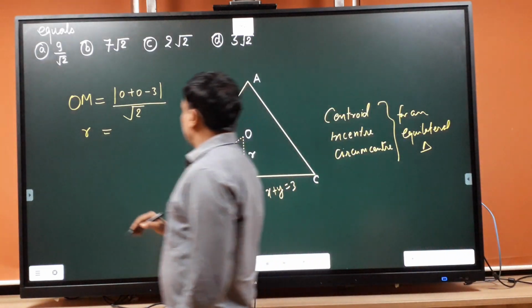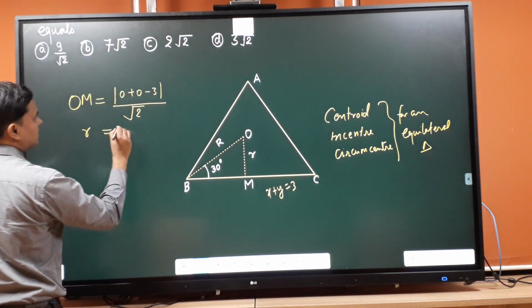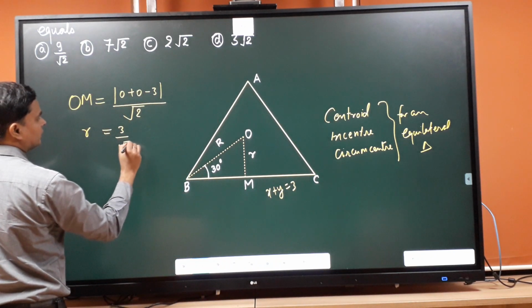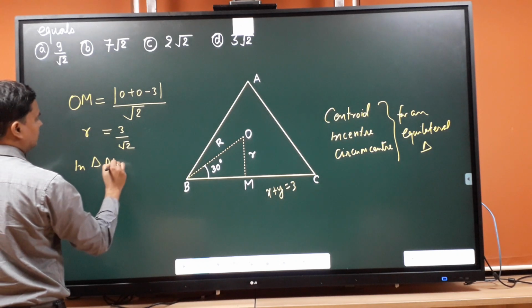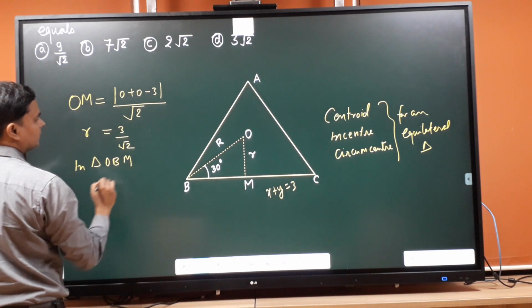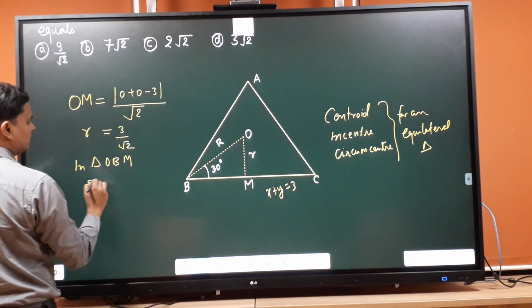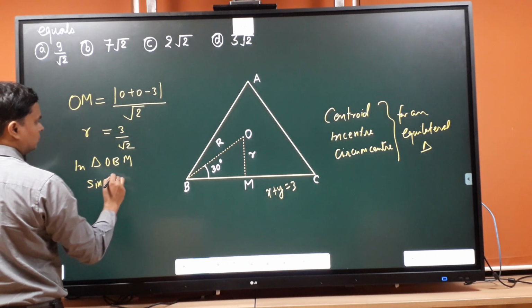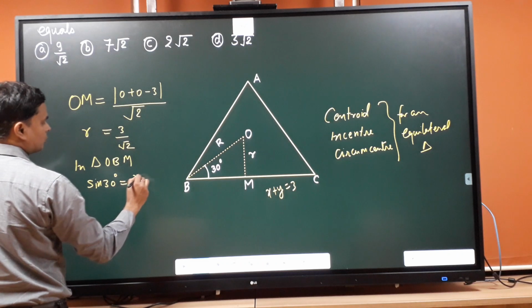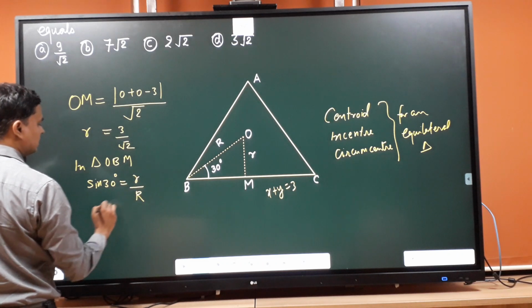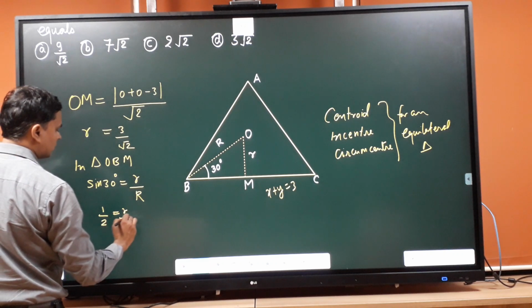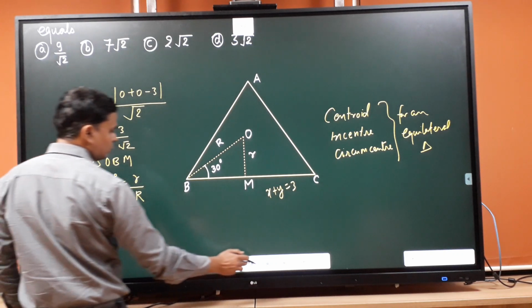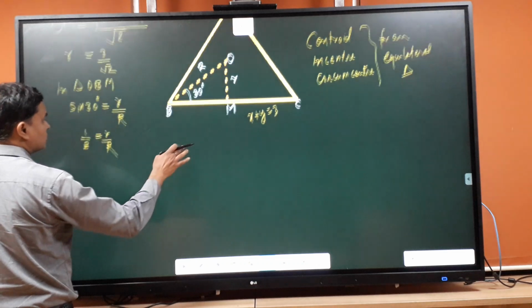So the small r comes from here as 3 by root 2. Now in triangle OBM we can write sin 30 is equal to r upon R. Sin 30 is nothing but 1 by 2, which is equal to r upon R. We know the value of r, and this is a very easy question now.